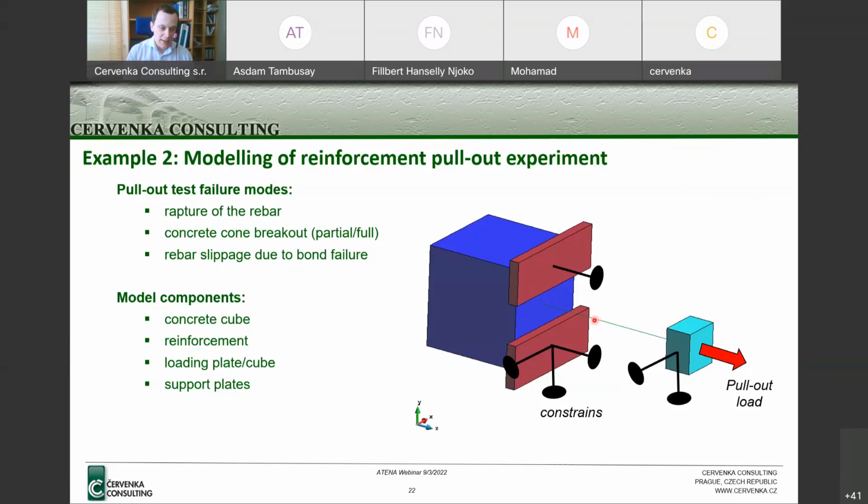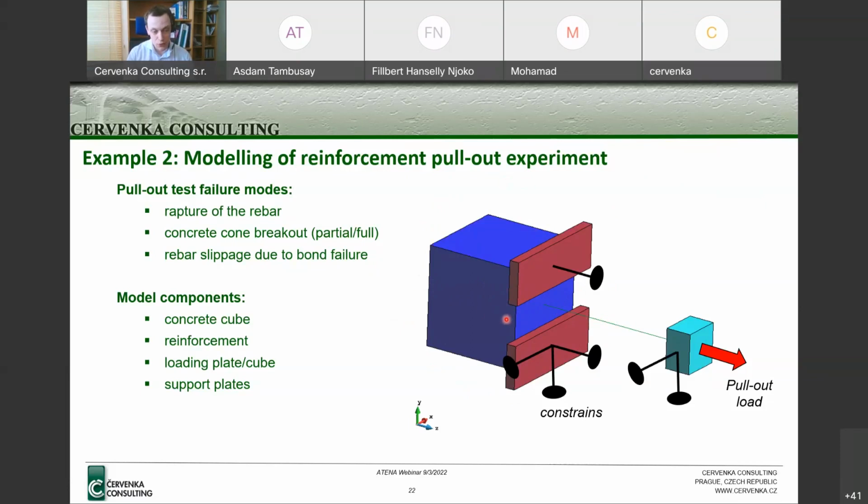Or, in case it's a larger experiment, I will pull out some concrete cone, or in this kind of small cube, probably there will be some splitting failure mode, as I showed previously in the presentation.